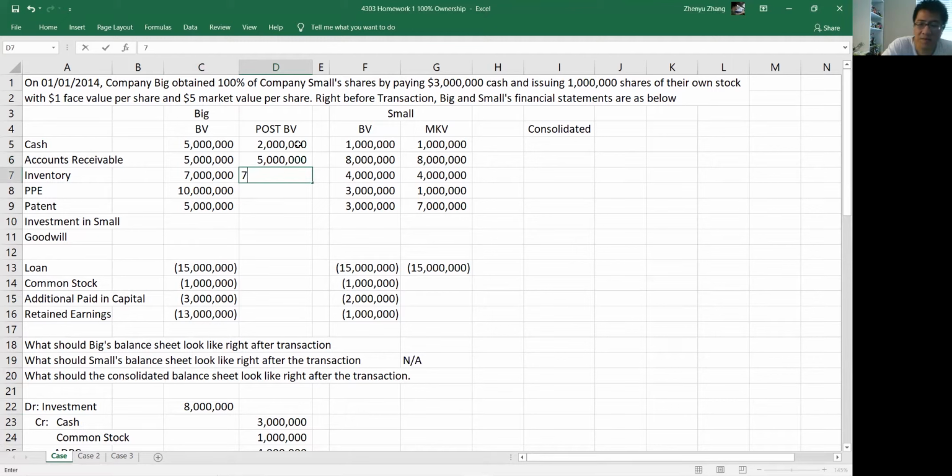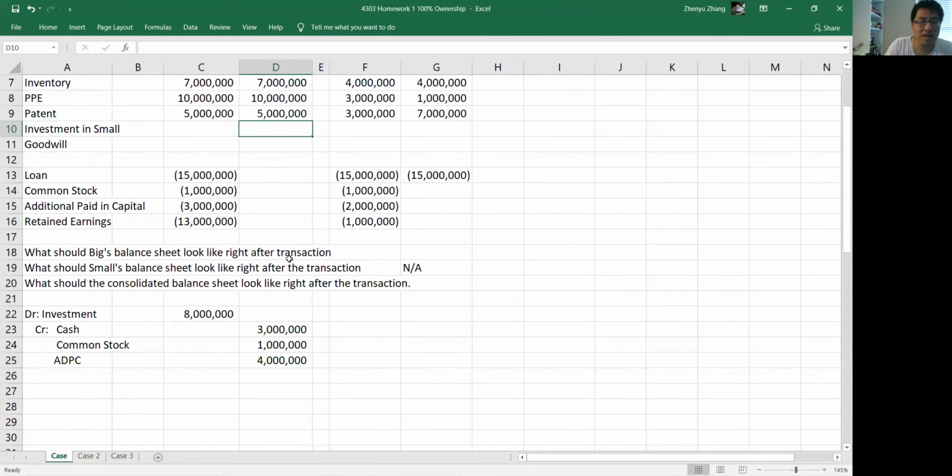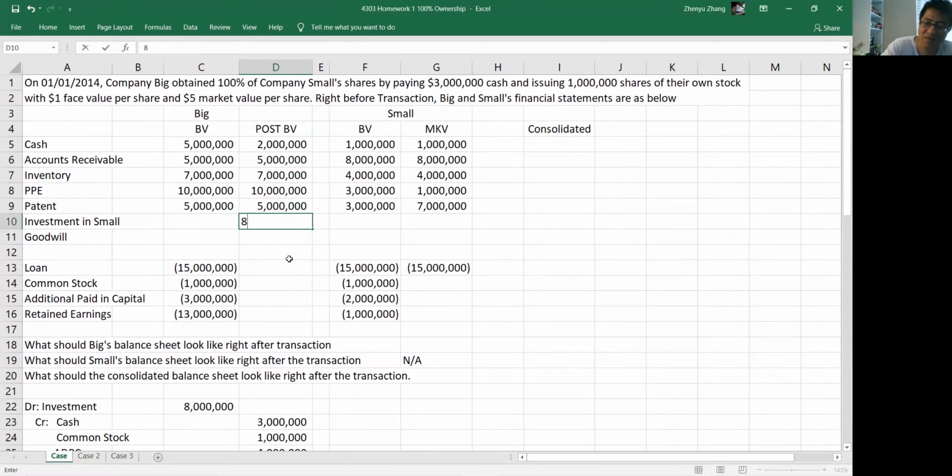Nothing happening to inventory. And nothing happened to PPE. Nothing happened to patents. It's the same day. And investment, we know they gave up certain things. They got an investment. What's the value of the investment again? $8 million, right? That's for Big.